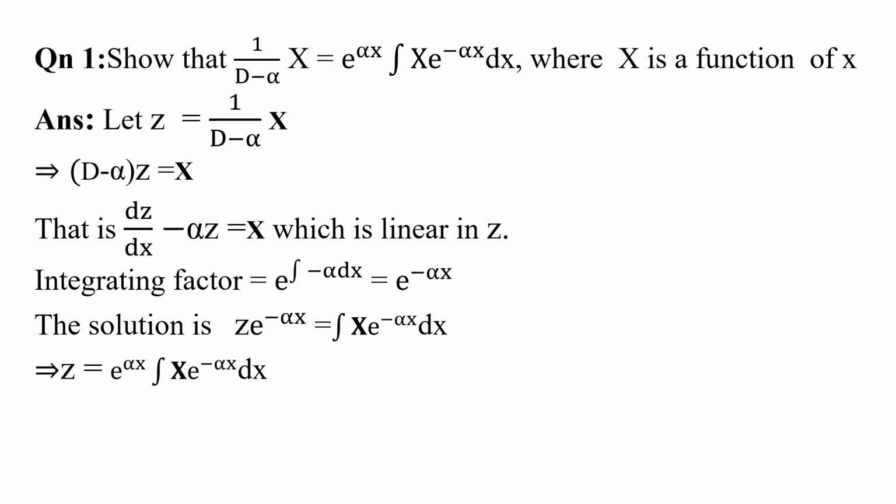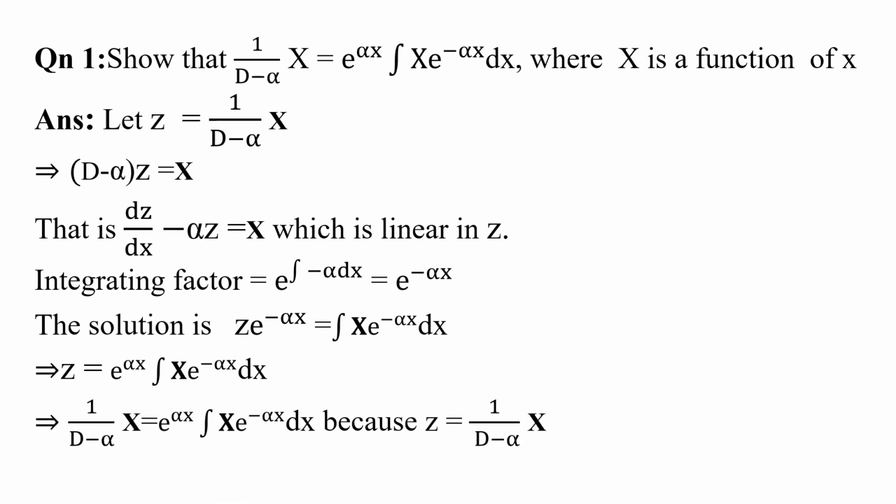Now replace z by 1/(D minus alpha) X, we get the desired result: 1/(D minus alpha) X = e^(alpha x) times the integral of X e^(minus alpha x) dx.